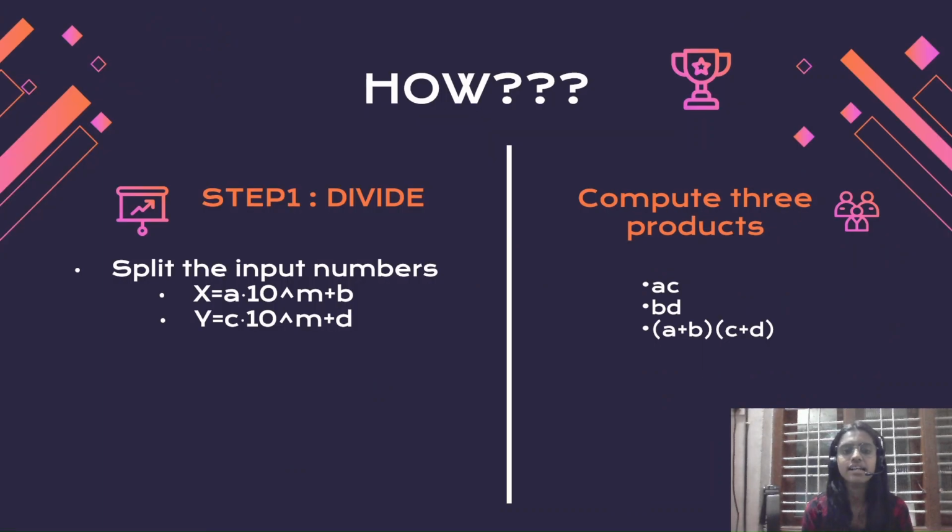So how exactly are we going to do this? The first step is dividing the given two numbers. Say the two numbers are x and y. We are going to divide or split them, so x is divided into a times 10 to the power m plus b, and likewise y.